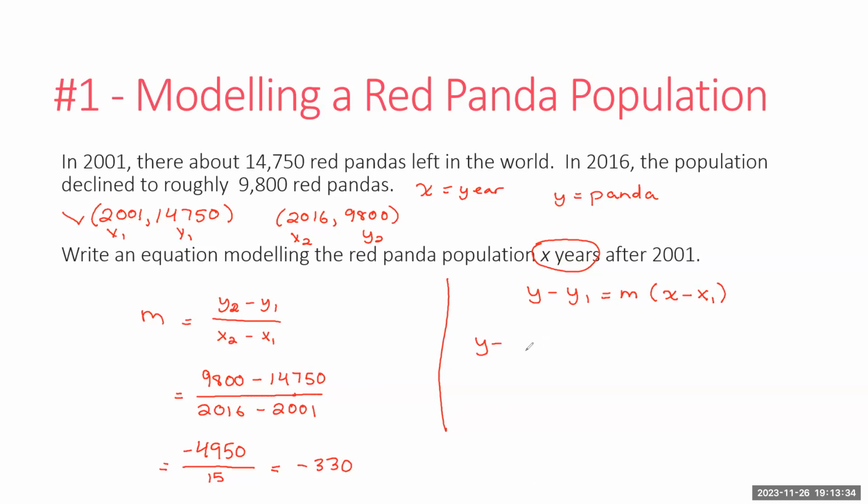But if we go based on this, my Y1 is the 14,750. I had a slope of minus 330. And then I have X minus, and what we're going to do here is going to be a little different because I want the population X years after 2001. That means 2001 is going to be my year 0.